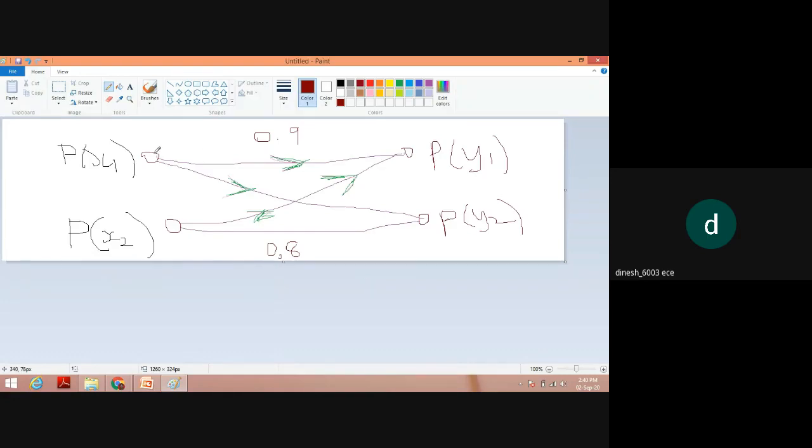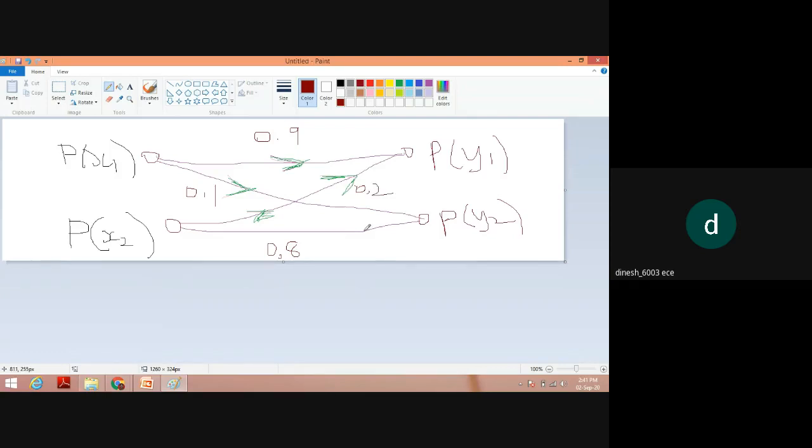Then y2 over x1 is 0.1, and y1 over x2 is 0.2.